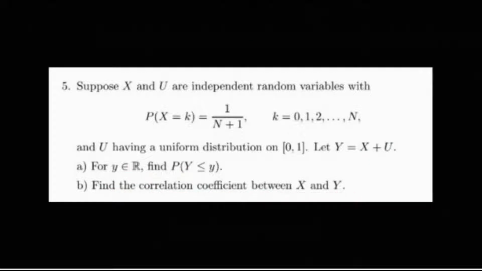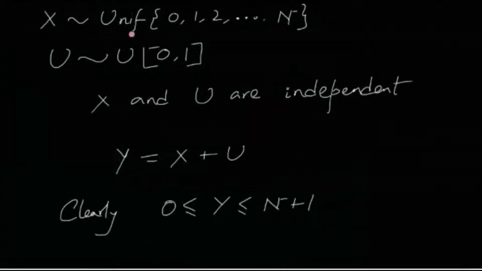Now, it's given that X follows discrete uniform over the set 0, 1, 2 up to n, and U follows the uniform distribution over 0, 1. It's given that X and U are independent and Y equals X plus U. Obviously, the minimum value of X is 0, and the minimum value of U is also 0.